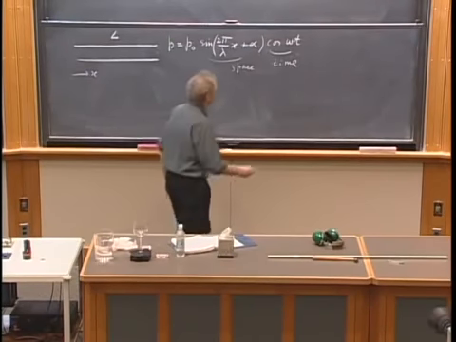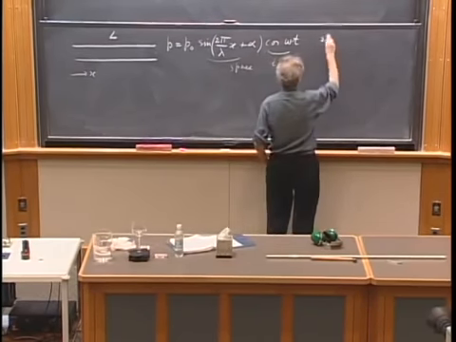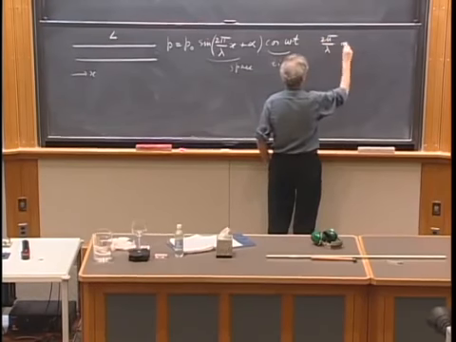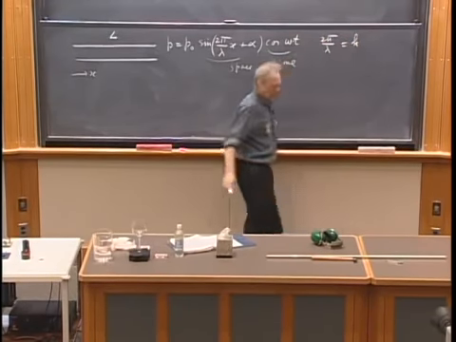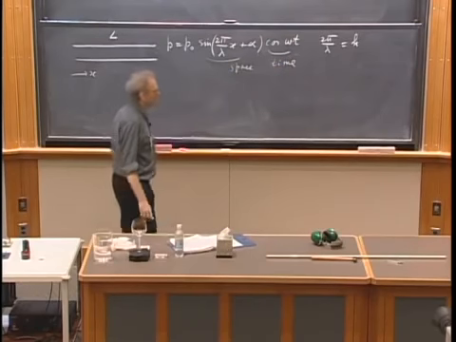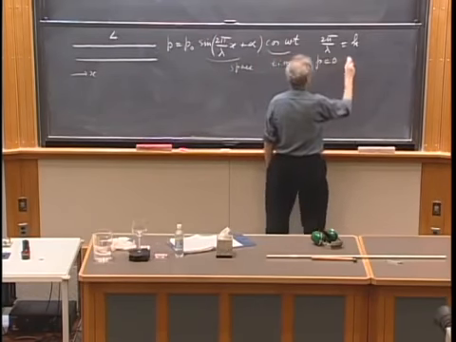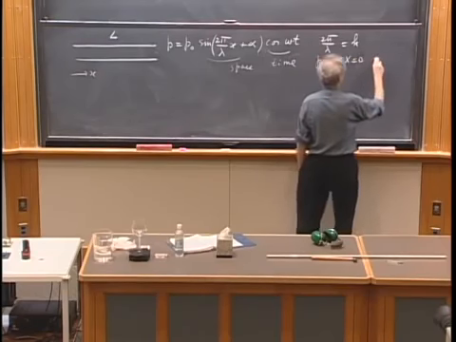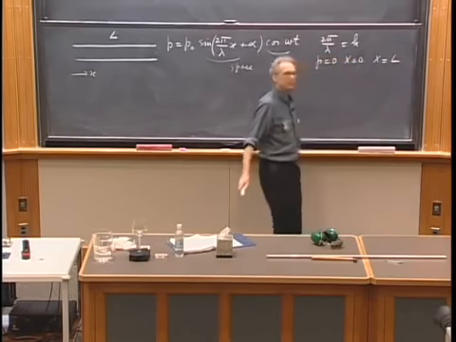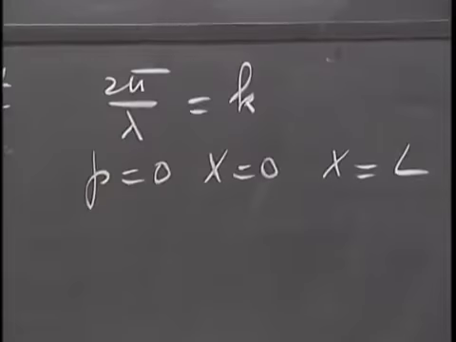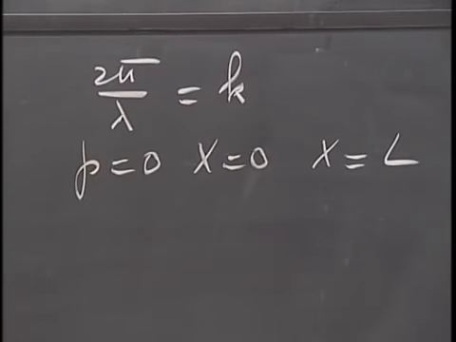I prefer always to write down for 2 pi over lambda k, and I must observe the situation that P must be 0 at x equals 0 and also at x equals L. If P is 0 at x equals 0, immediately you see that alpha is 0.